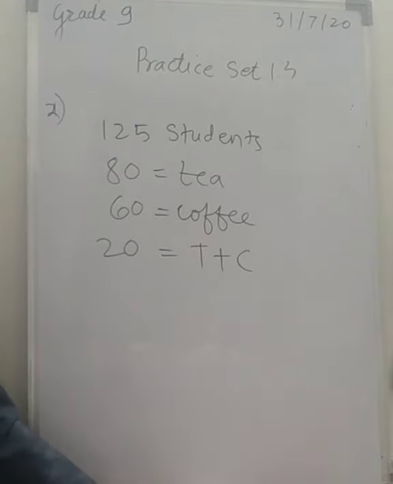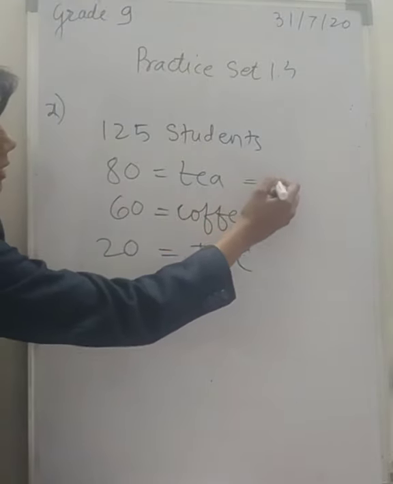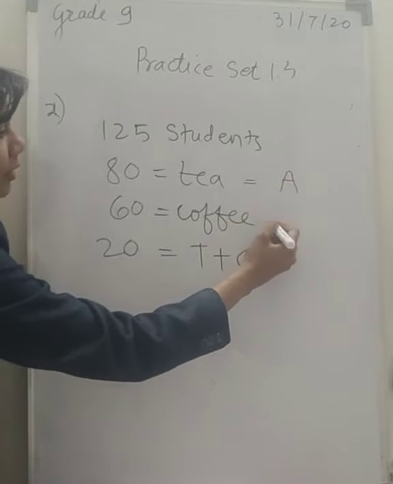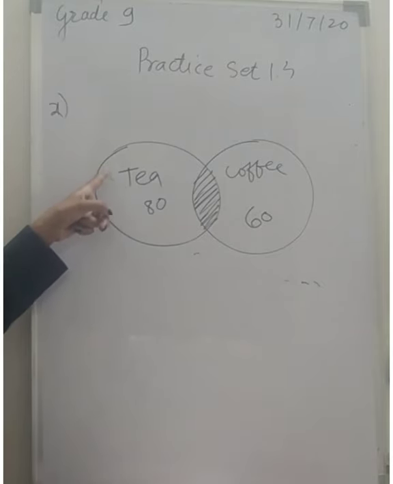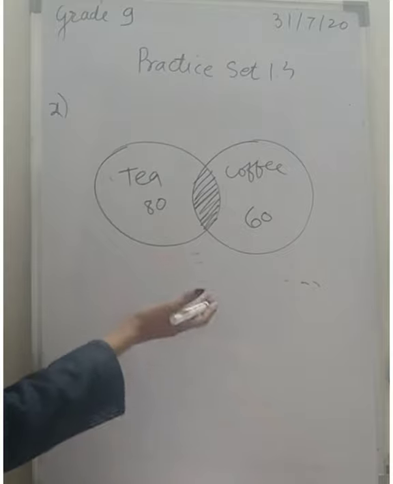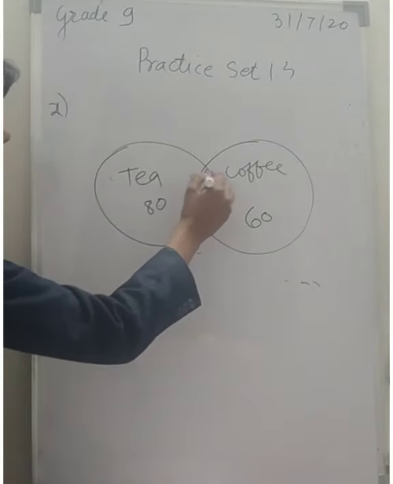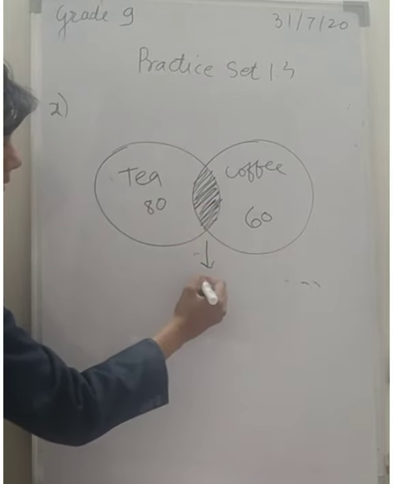So there are such students who don't even drink tea or coffee. So how are you going to find it out? If we assume that the number of students who drink tea is set A, and the number of students who drink coffee is set B. 80 students drink tea and 60 students drink coffee, these are the two different sets, and their intersection, that means the students who drink both, is 20.